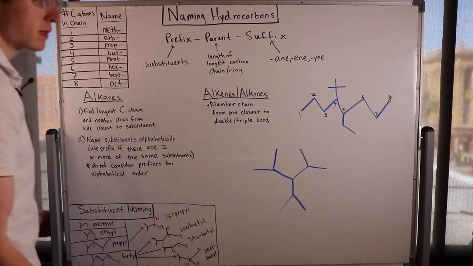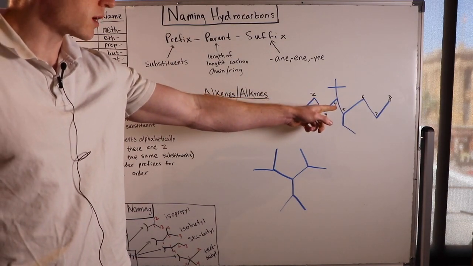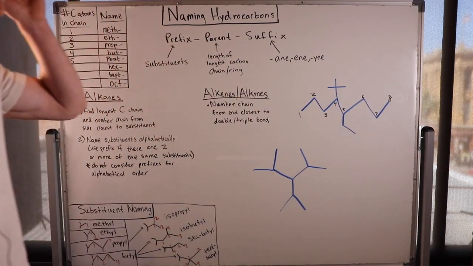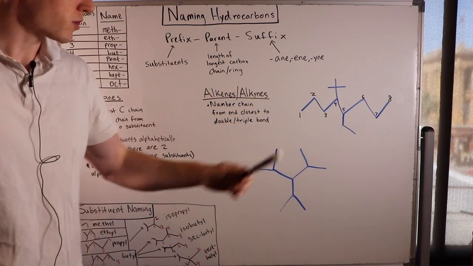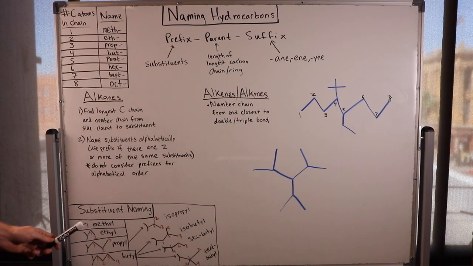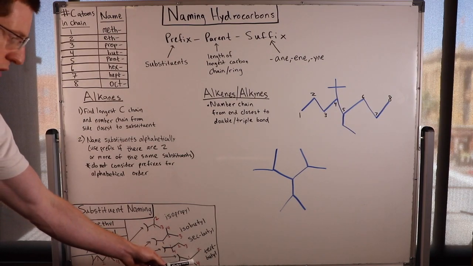So I have an 8-carbon long parent chain, and it looks like I've got 2 substituents here, one coming off of carbon 4 and one coming off of carbon 5. The one coming off of carbon 4 kind of looks like a cross, right? So what sort of substituent is that? I've got a list of them down here. This is actually an example of tert-butyl.